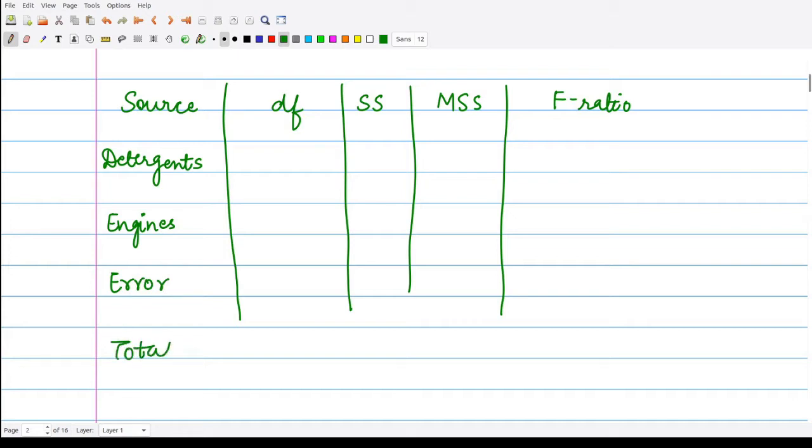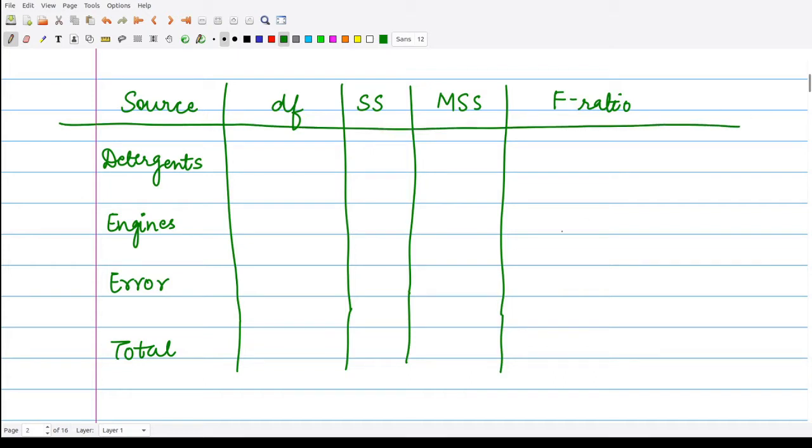So you can see that in addition to detergents, error, total, we have engines also. So we have one more thing to be studied here. Now we are to fill up all these values according to different formulas. So let's see how we can do that.